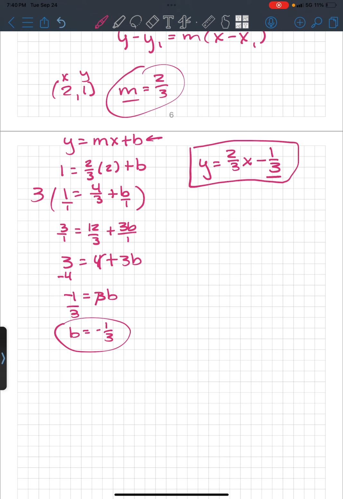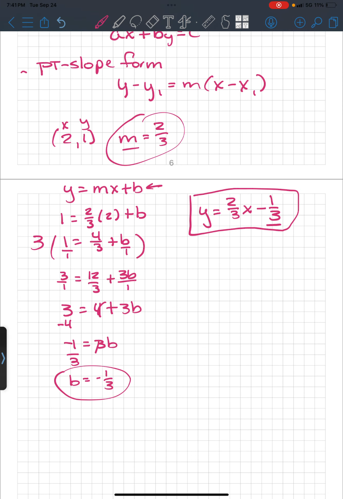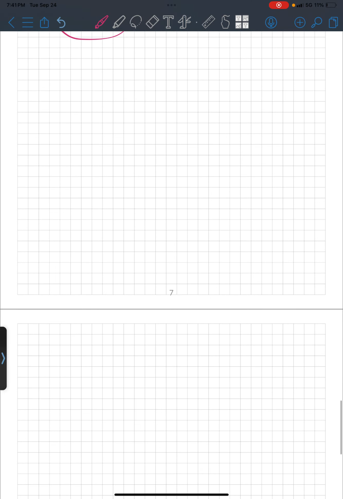Now, in example 2, they're saying to use the point slope form. So let's go ahead and do that. Remember point slope form, y minus y1 equals m times x minus x1. Your y and your x stay y and x. The y1, x1, you are going to put a number in that place. So we have (2, 1), and our slope is 2/3.